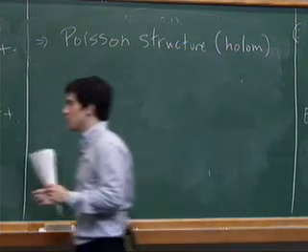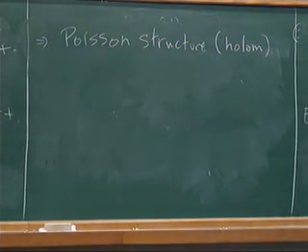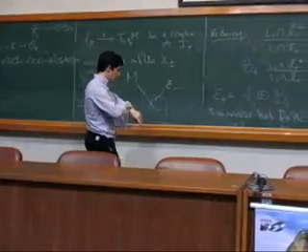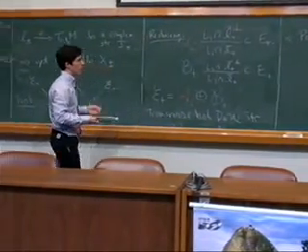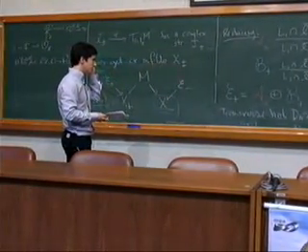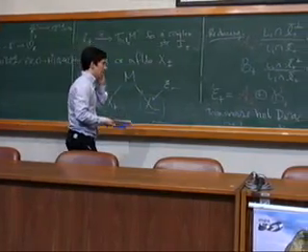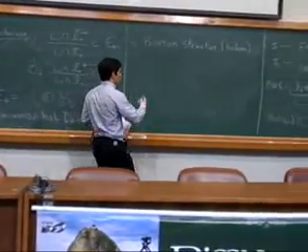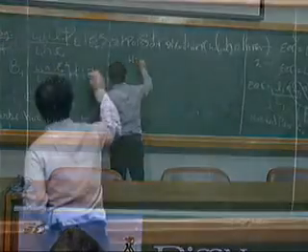Right, so this was observed by many people, but it appeared first in this paper by Xu and Mackenzie. They noticed that if you have transverse Dirac structures, you get a holomorphic Poisson structure coming out of there. And this is indeed the one discovered by Hitchin. So this is the Hitchin structure.